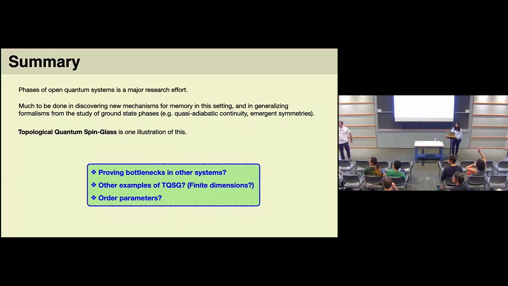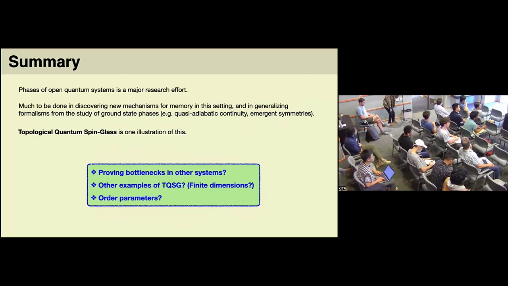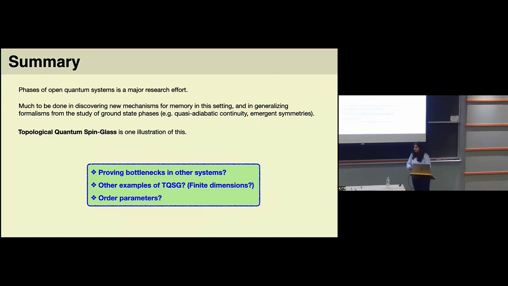Could you briefly comment on how to make this work for non-commuting settings? Yeah. So this bottleneck theorem, this quantum bottleneck theorem that we proved, is for non-commuting Hamiltonians, and there you can start with something like a stabilizer Hamiltonian for a good quantum code, for instance.